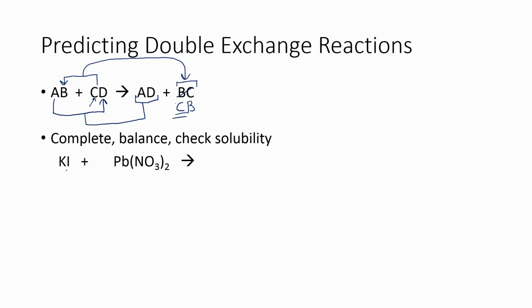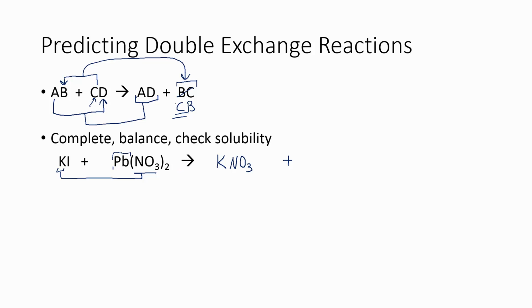Now, to do this with actual ions, let's take a look. Potassium ions are going to mix with nitrate ions and we'll get potassium nitrate, and then we'll have to balance this. Potassium is +1, nitrate is -1, so a 1-to-1 ratio works just fine. Don't assume the ratios transfer, they don't.